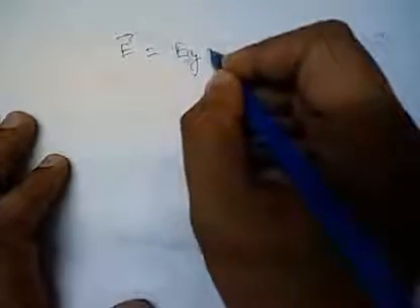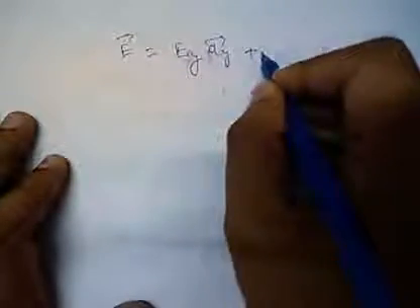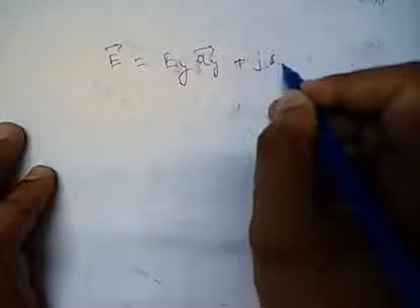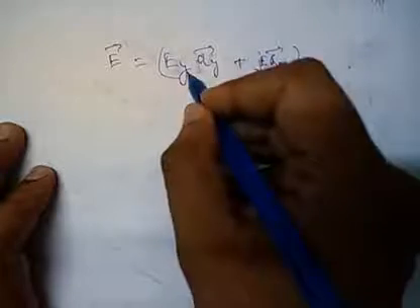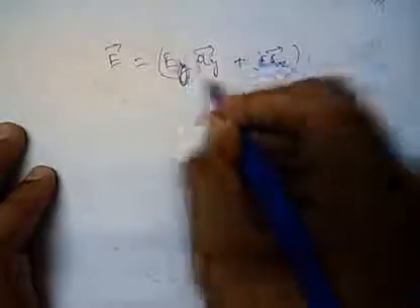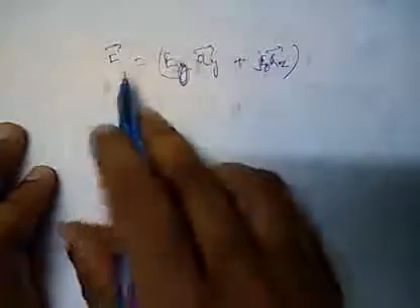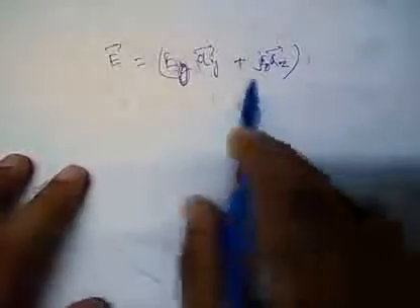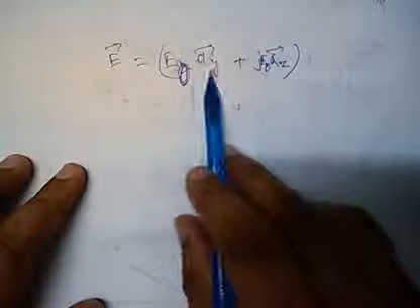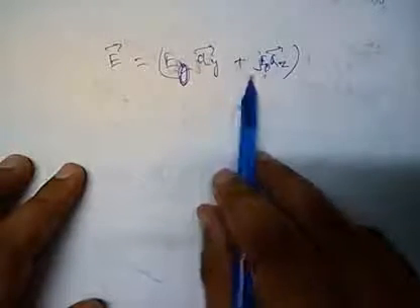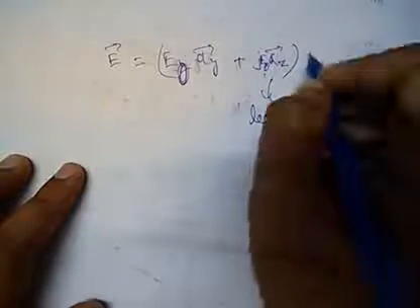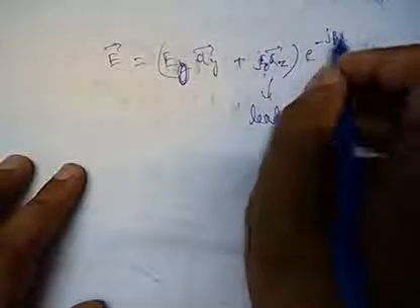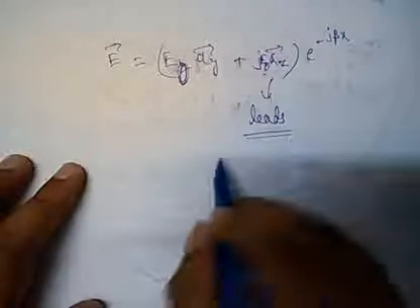Again we can write the equation as E naught vector Ay plus j E naught vector Az. E naught means constant, and I am taking only the circular case; similar will be the elliptical case as well. Here, this part, the z component, leads. Of course we will have exponential minus j beta x. So this part will lead.